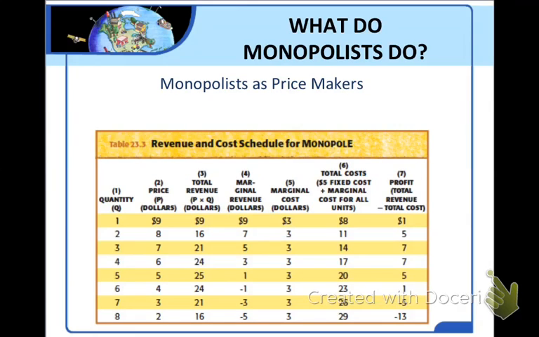Now, the fixed cost of Monopoly's operation is $5, and that equals fixed cost. The marginal cost, the cost of producing an additional unit of Window Shade, is $3, and we see that represented right here.